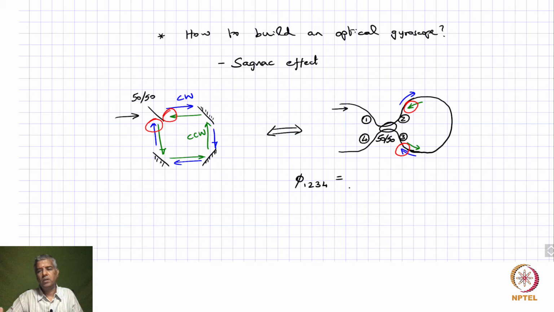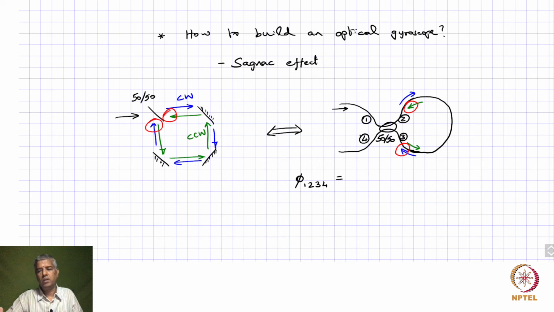So let's look at 1, 2, 3, 4, and for that we need to understand how this coupler works, right? The couplers work in such a way that when you go from 1 to 2, there is hardly any phase shift, but whenever the wave actually has to get coupled into the other fiber, that is whenever it crosses the coupler, there is a phase shift of pi by 2.